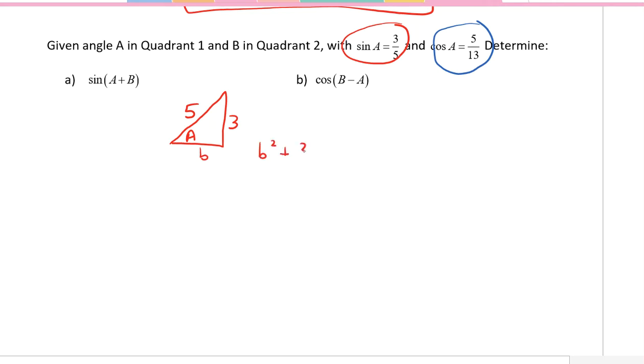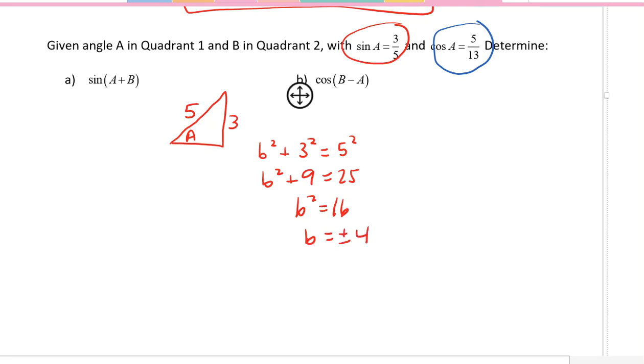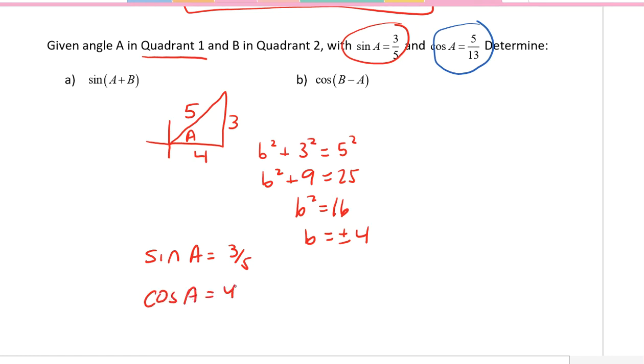B squared plus 3 squared is 5 squared. And B is either plus or minus 4, but we know it's going to be 4 because it's in quadrant 1. That's why I placed it this way. See, quadrant 1. And so what I know from that is sine of A is 3/5, and I also know cosine of A is 4/5.